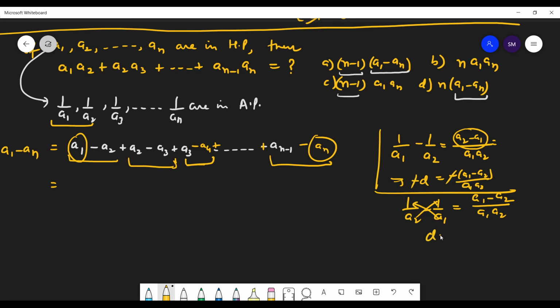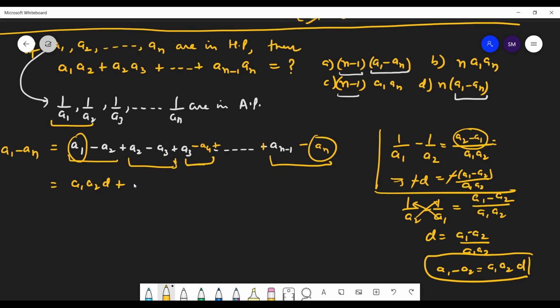Here you will directly get d is equal to a1 minus a2 upon a1 a2. So a1 minus a2 is equal to a1 a2 into d. Clear, students? Yes or no?